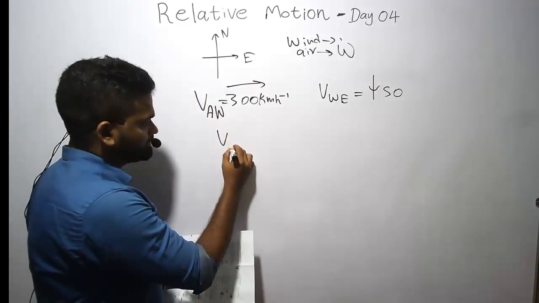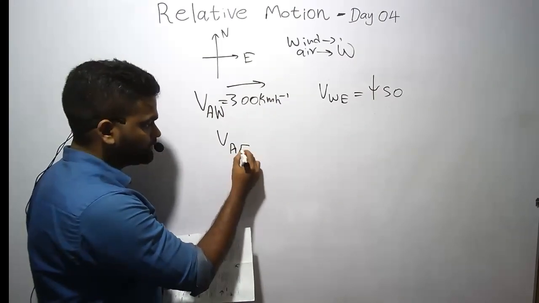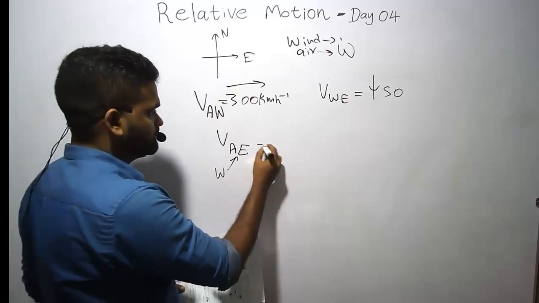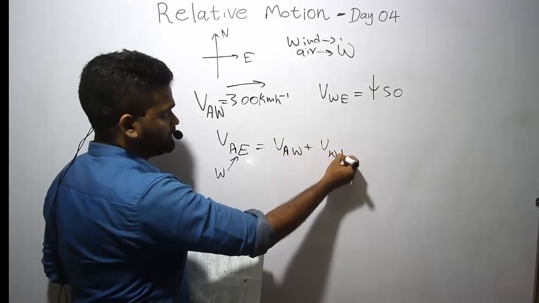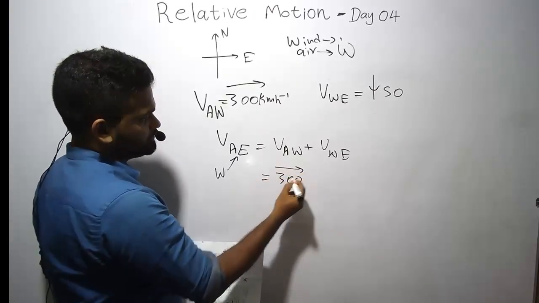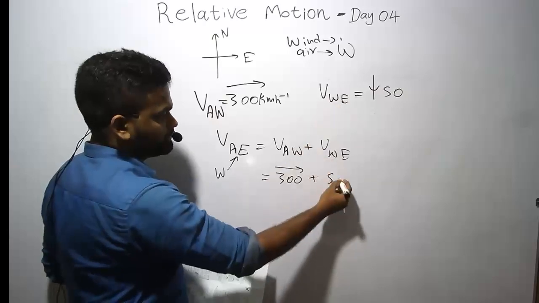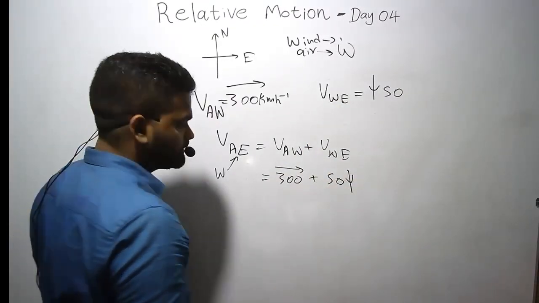So what they ask is airplane relative to earth. Put W in between: VAW plus VWE. So substitute with the directions, 300 to this side, 50 to this side, right?